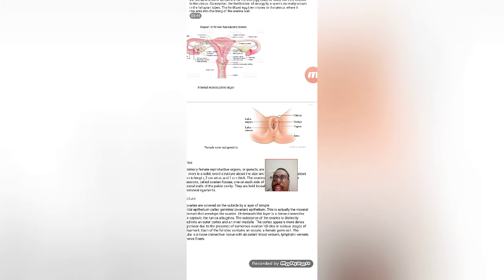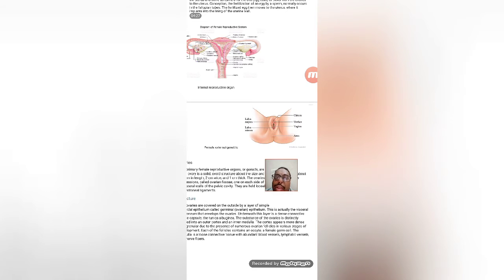Since the reproductive part is present over the outside genitalia, we have to study it completely, then move inside. If you look at the female genitalia from the external part, it looks like a lip, so they have given the name labia. The word labia means lips. There are two lips: one is known as the labia majora, the external covering, and the other is the labia minora.